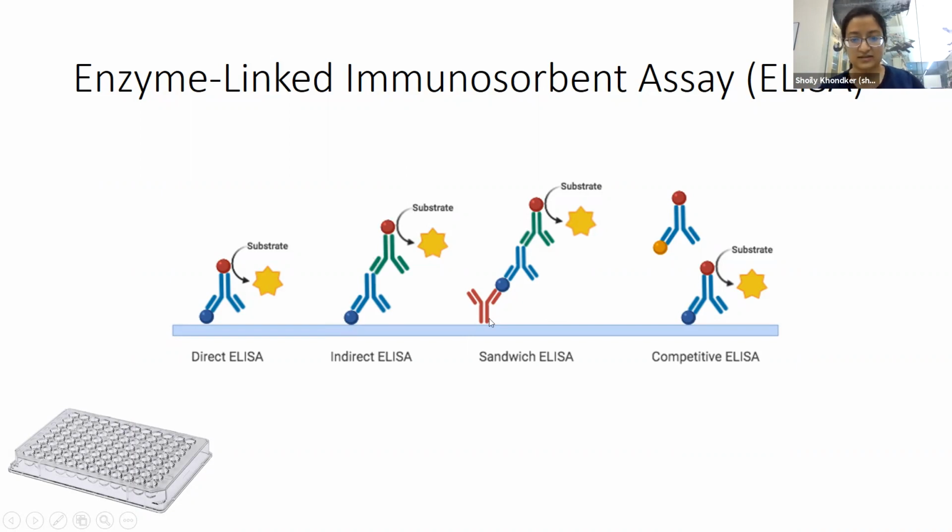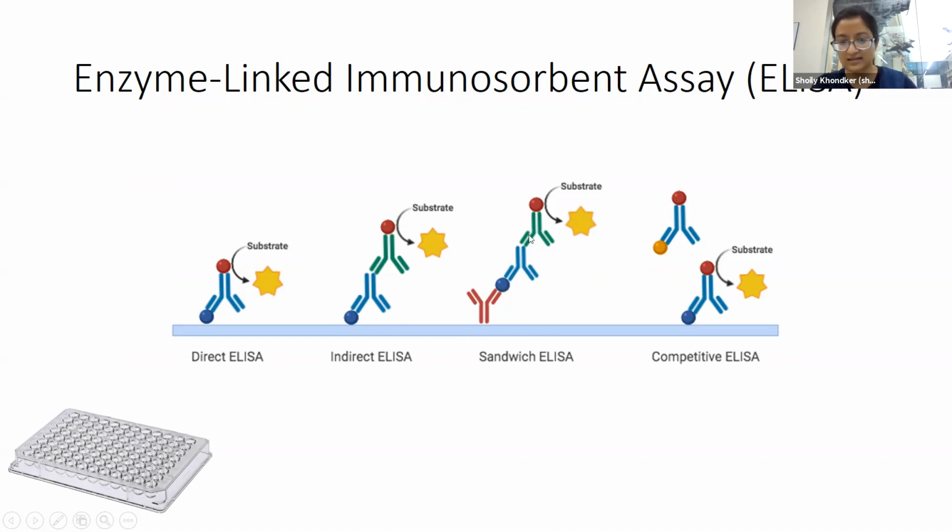Another form of ELISA is called the sandwich ELISA method. So here, rather than an antigen coating the plate, an antibody coats the plate, and that antigen is added to the well. The antibody that's coating the plate is referred to as a capture antibody. Once the sample is added, it binds to the antigen that it's specific for.